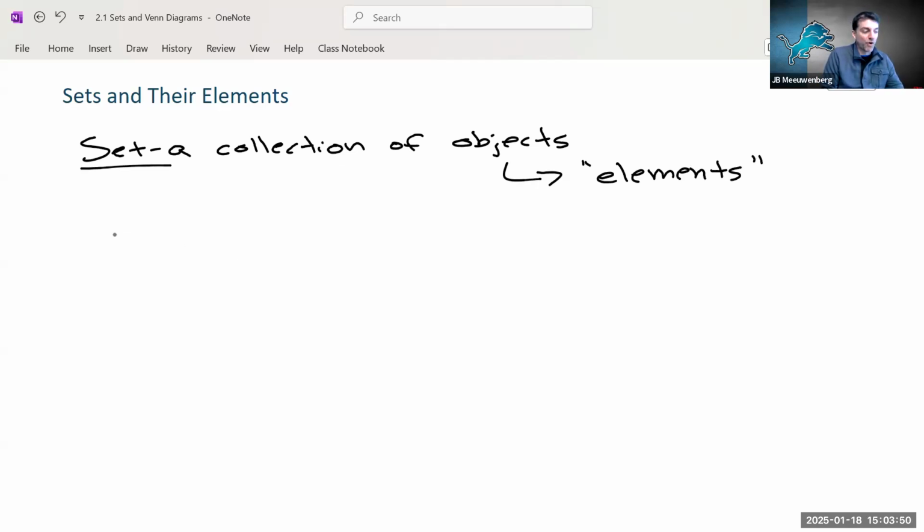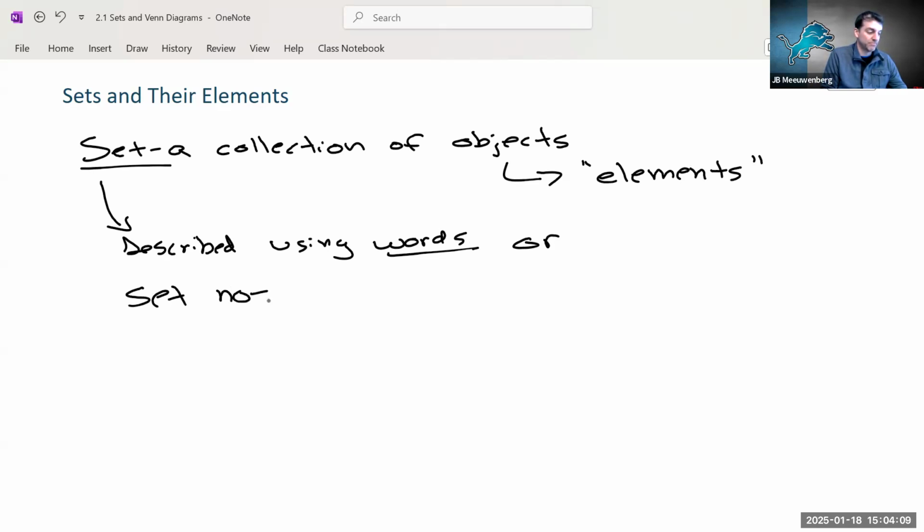A set can be described a couple different ways. It can be described using words, or something we call set notation. Mathematics is full of that, right? Things can be described in words one way, or we can translate it to a grouping of mathematical symbols, which we often refer to as the notation.